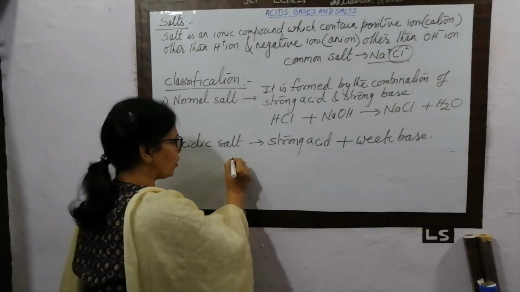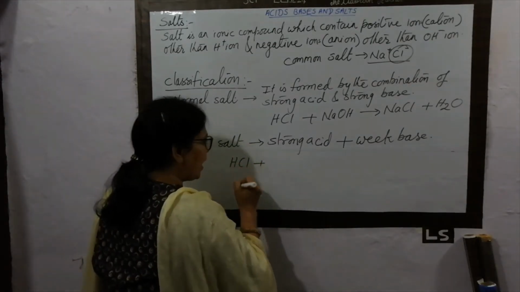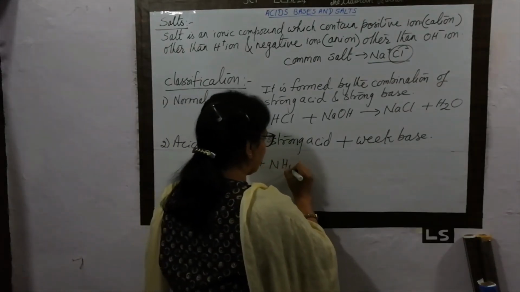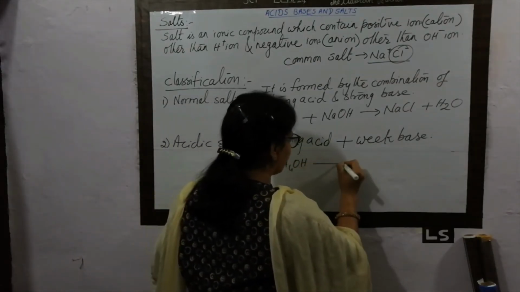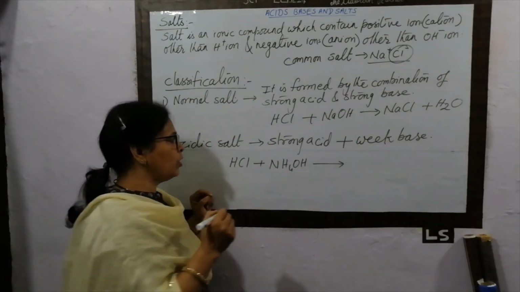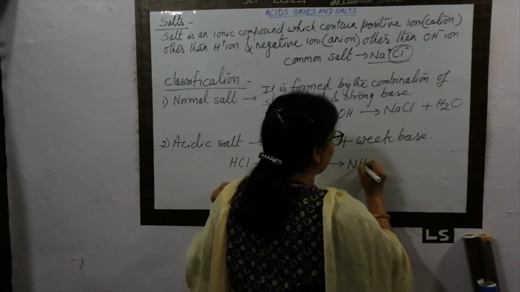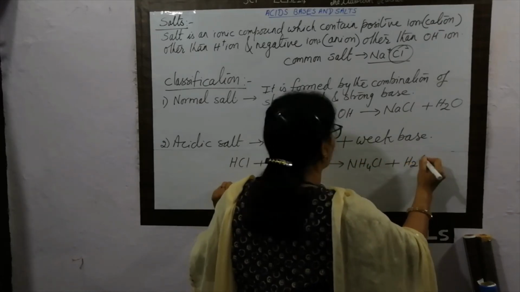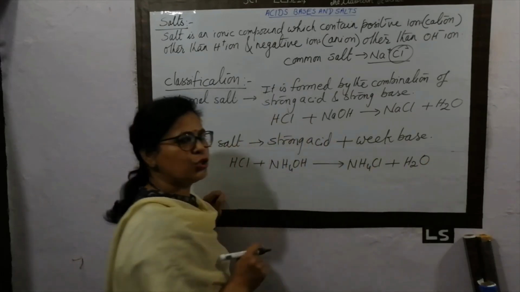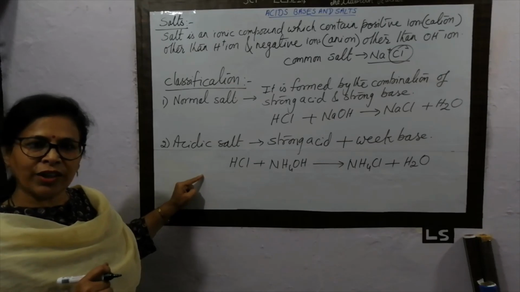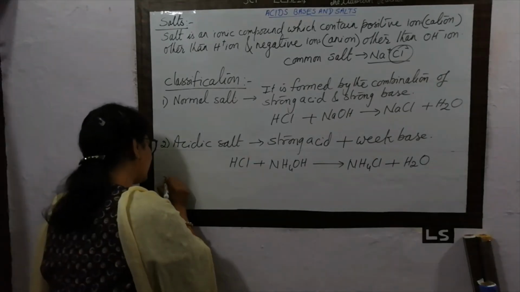For example, strong acid is HCl and weak base is NH4OH, ammonium hydroxide. When these two combine together, what happens? The salt which is formed is NH4Cl, ammonium chloride, by releasing water, that is H2O, and this is acidic salt. Okay, because acid is strong here, the nature of this salt is acidic.